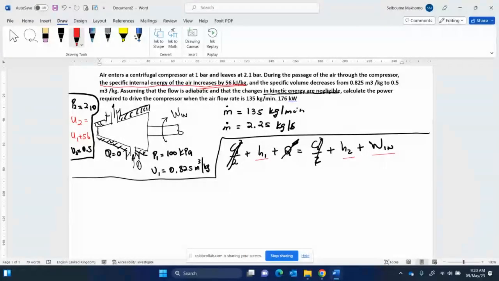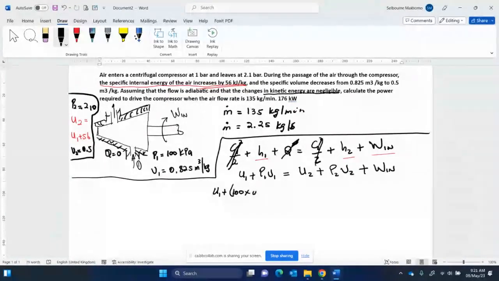But H1 is not given, though we have pressures, internal energy, and specific volumes. So instead of H1, we say U1 plus P1V1 is equal to U2 plus P2V2 plus compressor work input. So U1 plus P1, which is 1 bar or 100 kPa, multiplied by the specific volume 0.825, is equal to U2.